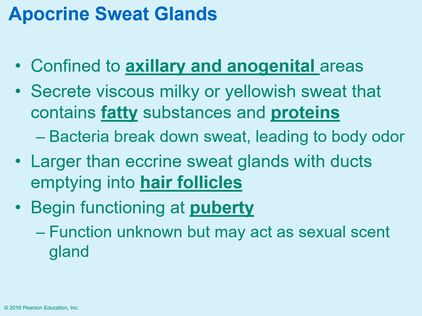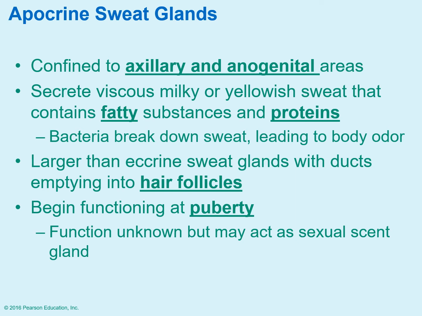Apocrine sweat glands, these are confined to the axillary and anogenital areas. They're going to secrete more of not just water, but more of a milky or yellowish type sweat that now is going to contain some proteins and some fatty substances in them. Now, the proteins in those fatty substances, bacteria really like.